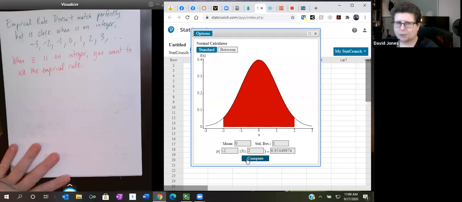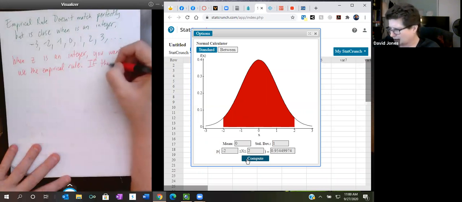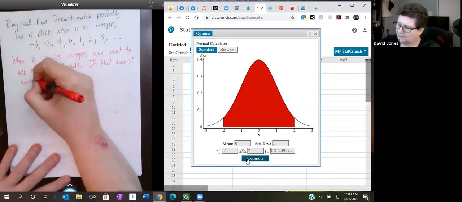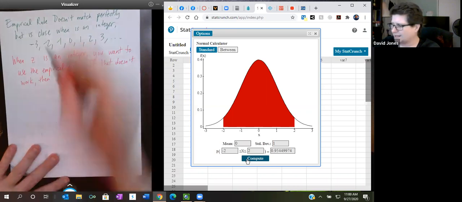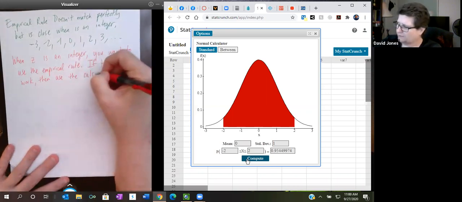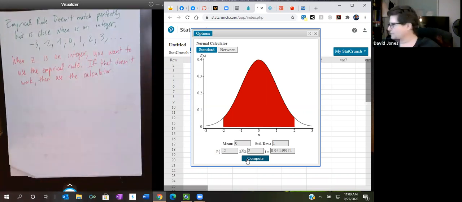If you're doing a problem on the test or the homework and that doesn't work, then use the calculator, because they want the very specific value. In reality, in the real world, we use the empirical rule to do a lot of this.